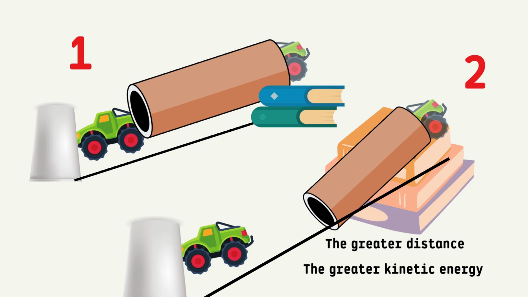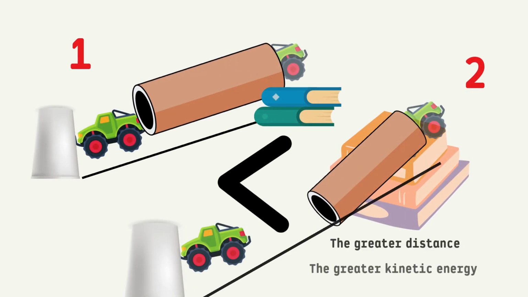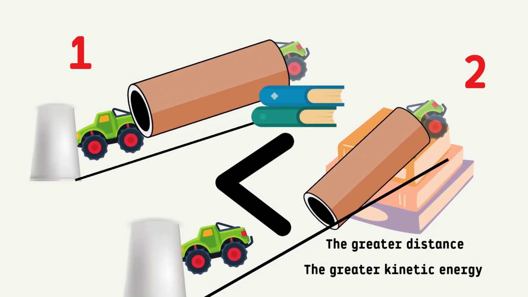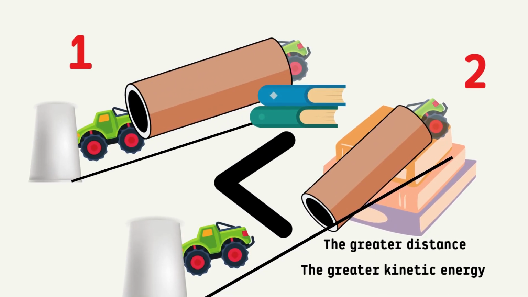Here we will repeat the experiment by adding 2 books and putting the cardboard, and making the toy car move inside the cardboard, and it will hit the paper cup, and the paper cup will move a distance. Here we will repeat the experiment again, but we will increase the angle of inclination by putting another book.